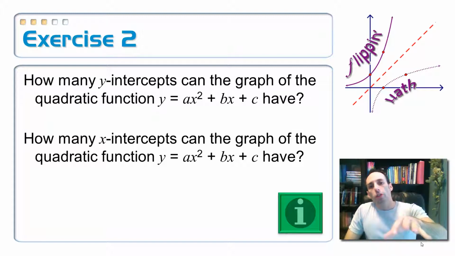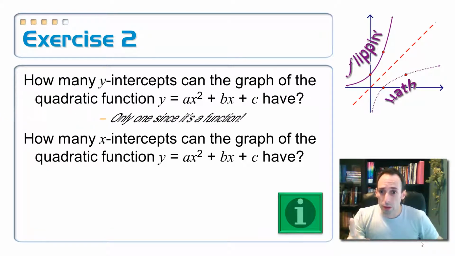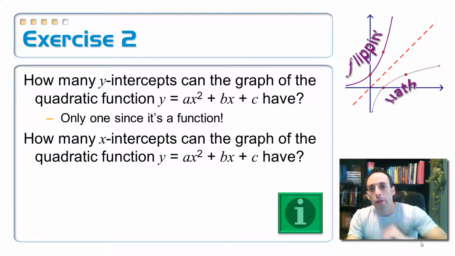How many y-intercepts can the graph of the quadratic function y equals ax squared plus bx plus c have? Think about it for just a second. Well, if it is a function, it can only touch the y-axis, which is a vertical line, one time, so that it passes the vertical line test. So since it's a function, it can only have one y-intercept.